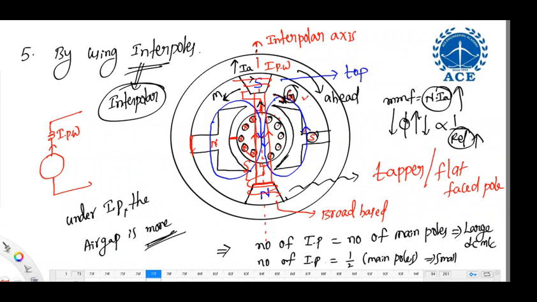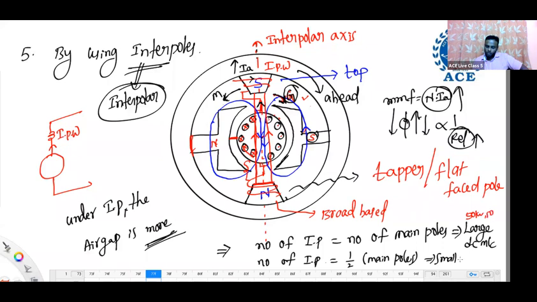And sir, you have told that the number of interpoles is equal to the number of main poles in large DC machines. What rating can we consider large DC machines? Large means you can consider 50 kilowatts, 100 kilowatts in this range. Small rating means fractional, like 1 kilowatt.